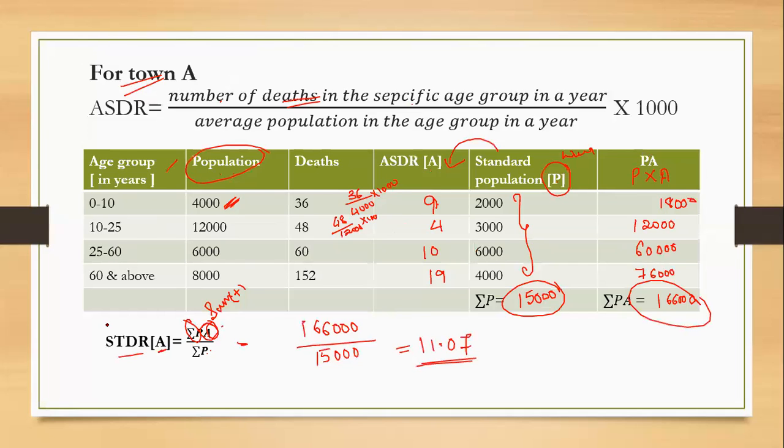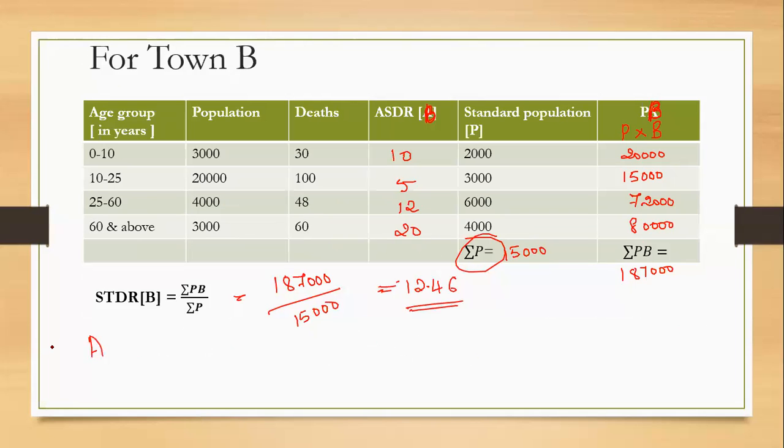Now you have the answers for A and B. What is the answer for A? The STDR of A is 11.07, and the STDR of B is 12.46. Now 11.07 is less than 12.46.